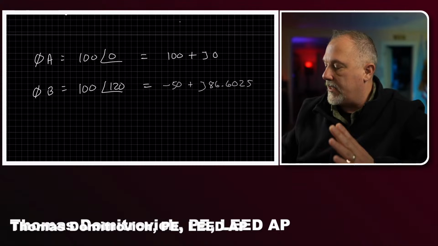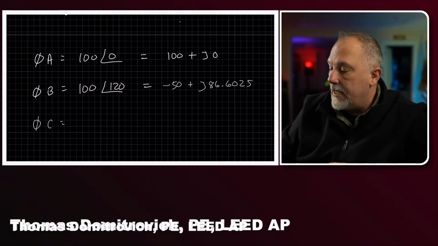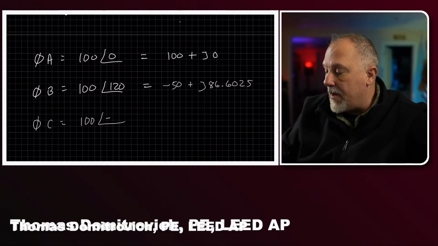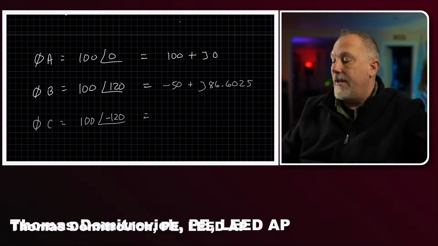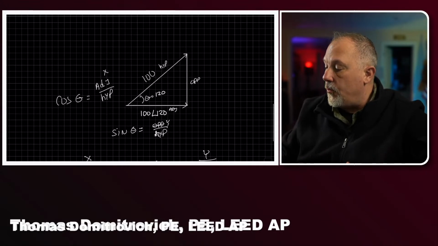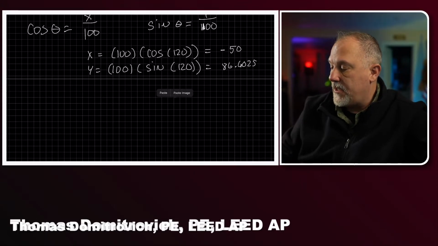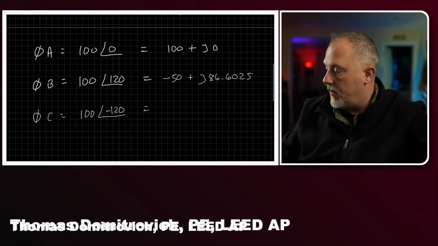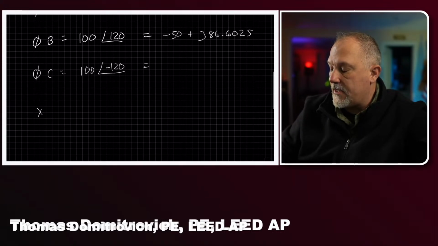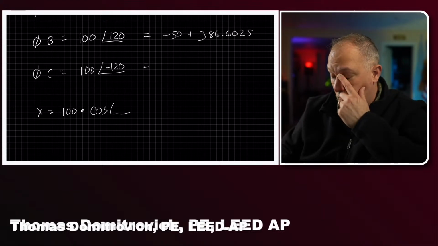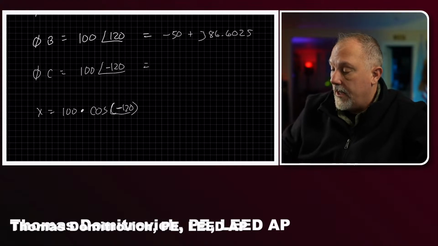All right. So now phase C is 100 at an angle of minus 120. Now we got to do the same thing. x is equal to 100 times cosine of minus 120, and y is equal to 100 times sine of minus 120.